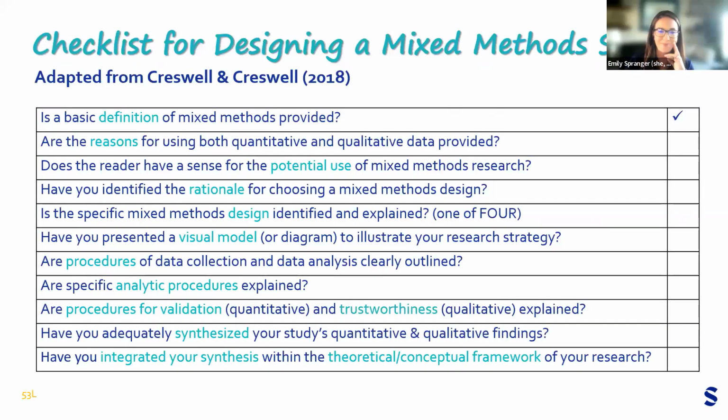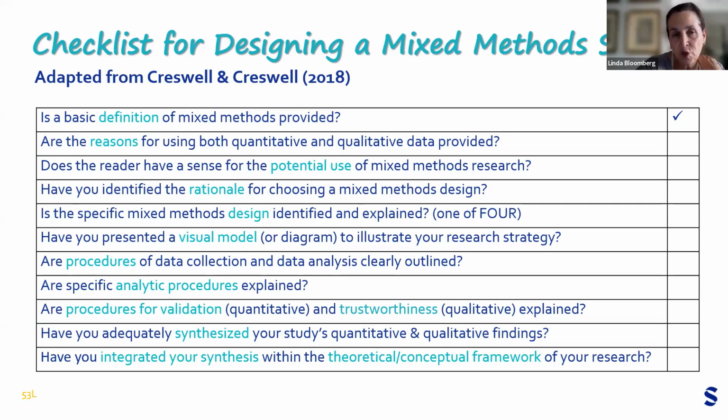Okay. So here's a checklist, and I hope that those of you who will be considering mixed methods will look at a checklist like this. These are some of the questions that one will be asking after you have done the study. Did you include a basic definition of mixed methods?